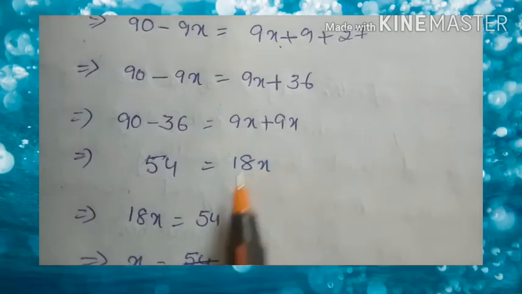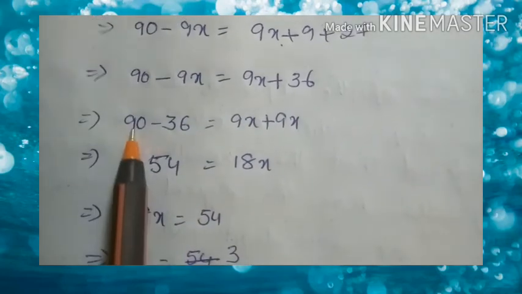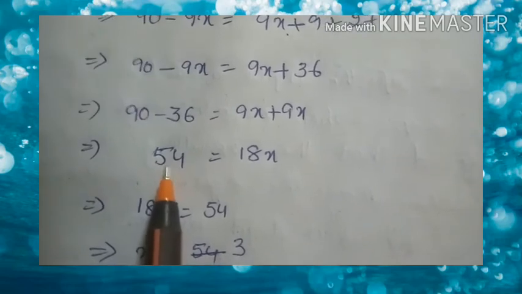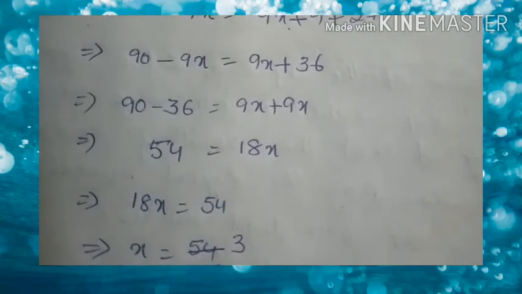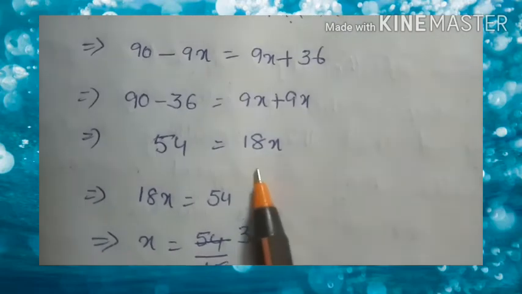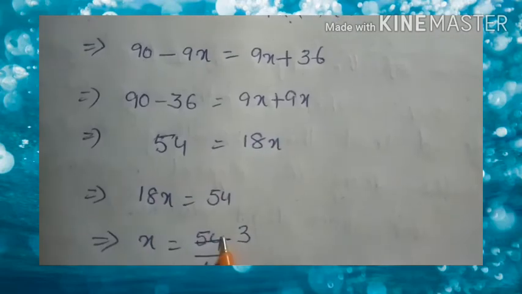So 9x plus 9x is 18x. Next, 90 minus 36 is 54. Already we learned variable value should be kept on the left hand side only. So 18x is equal to 54.